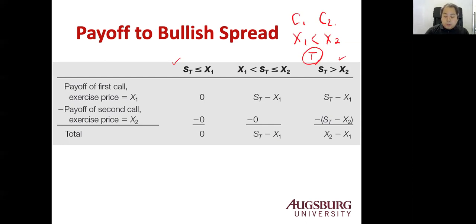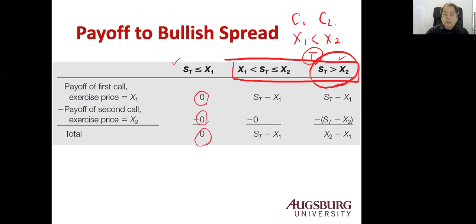The first call option will be exercised in the next two cases, and the second one will be exercised only in the last case. So the first case, all 0, right? Second case, you have ST minus X1 and 0 from the second. By the way, you buy one call and write the other.